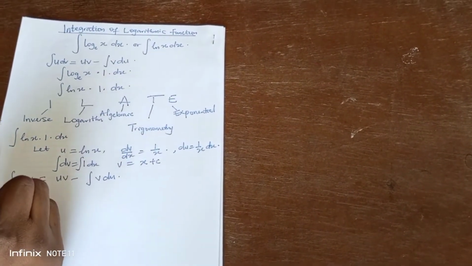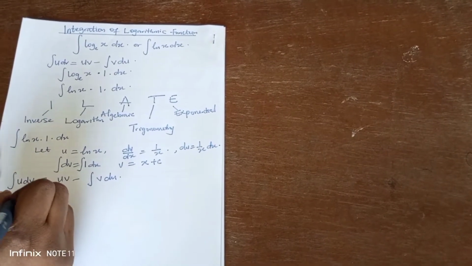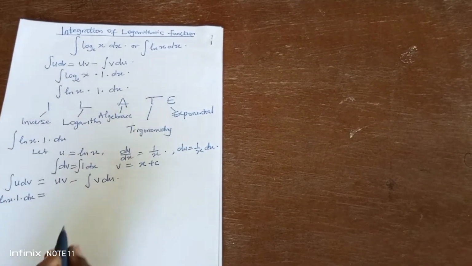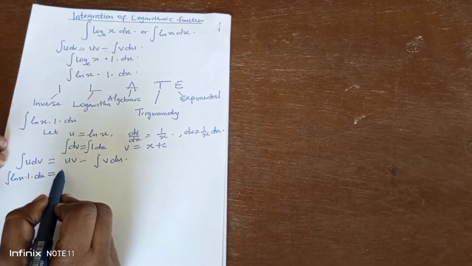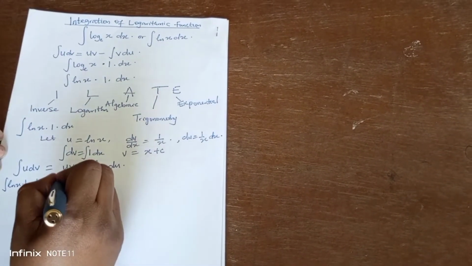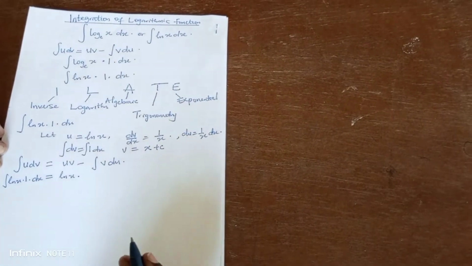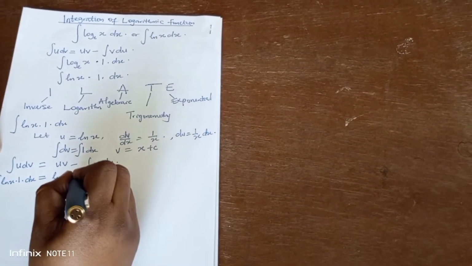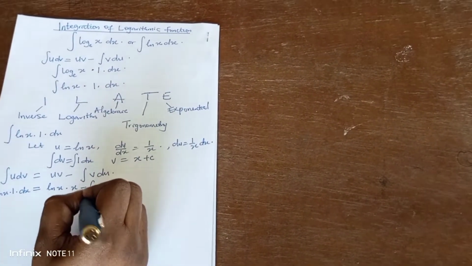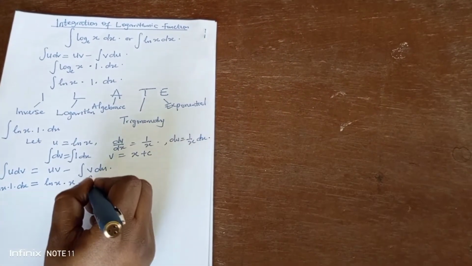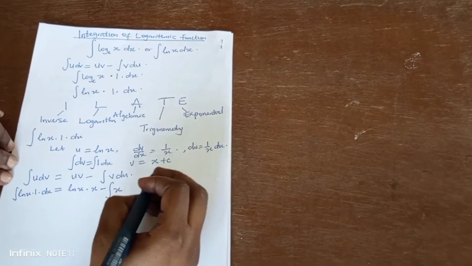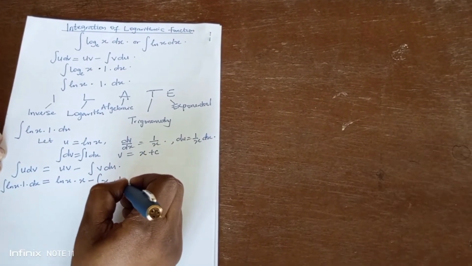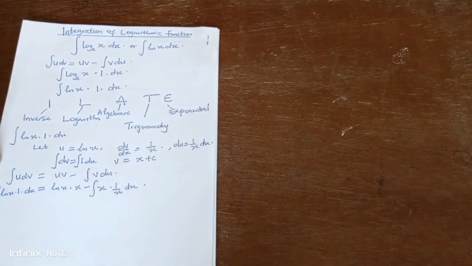Now we have the integral of ln x multiplied by 1 dx. It's multiplication, not a point. Now what is our u? u is ln x multiplied by v. My v is x, then minus the integral of v, which is x, then du. du here is 1 over x dx.